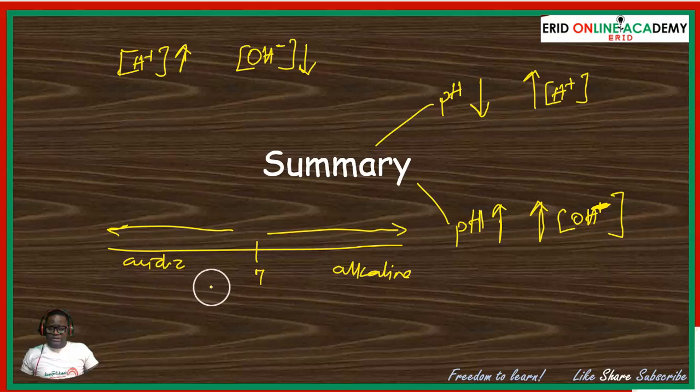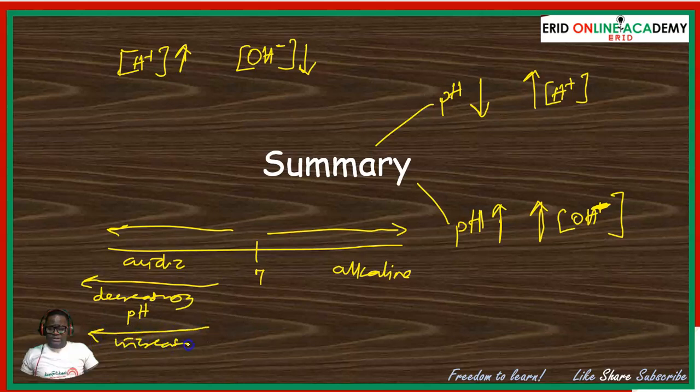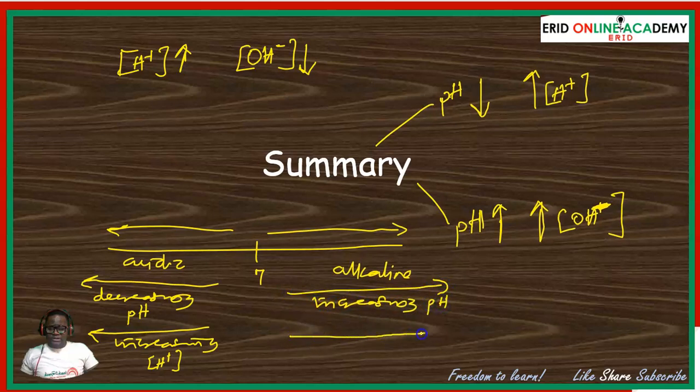The pH. So as you go this way, you have a decreasing what? Decreasing pH, and what? An increasing hydrogen ion concentration. As you go this way, you have an increasing pH, but you have a what?